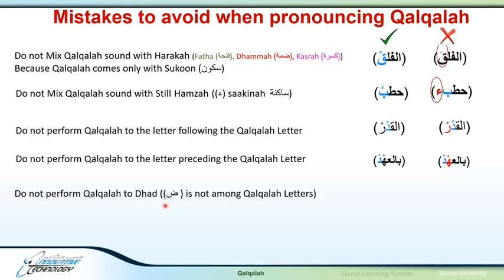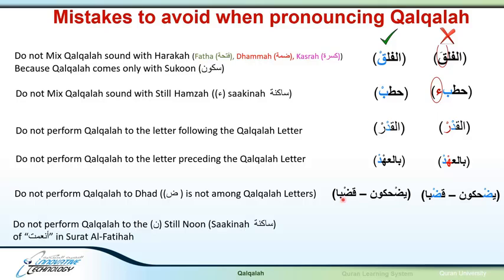Dad is not among the qalqalah letters. It's not among Qutb Jad. So saying yadhakun, qadba with qalqalah is wrong. We should say yadhakun, qadba, not yad or qad with qalqalah, but yad, qad.